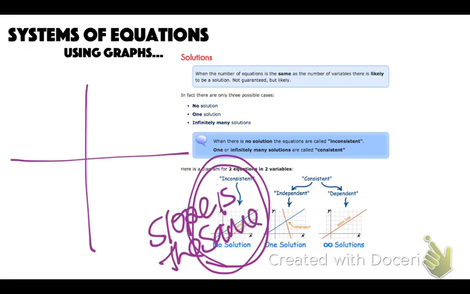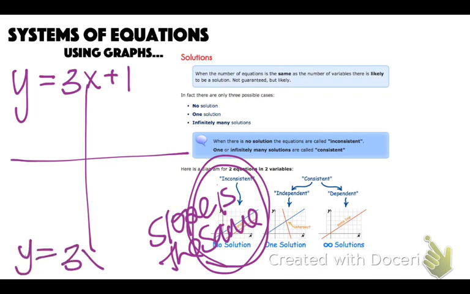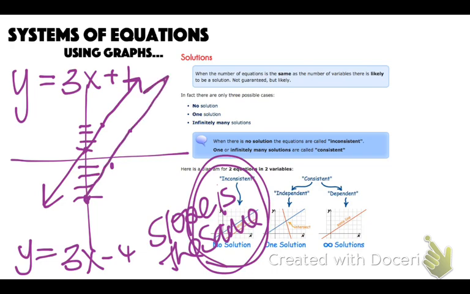So say that you had y equals 3x plus 1 and y equals 3x minus 4. For the plus 1, I'd go up 1, draw my first point, and then go up 3 over 1, up 3 over 1, and there's that line. For the 3x minus 4, I'd go down 4, and then I'd go up 3 over 1, up 3 over 1. Since these have the same slope, they're never going to touch, which means there is no solution there.